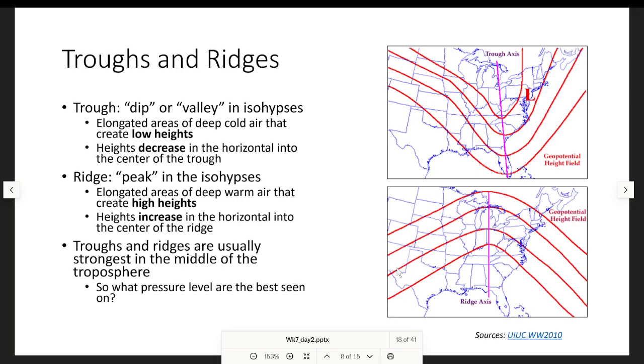But it also has this shape in the horizontal. It's like waves in both the vertical and the horizontal. Troughs and ridges are usually strongest in the middle of the troposphere.